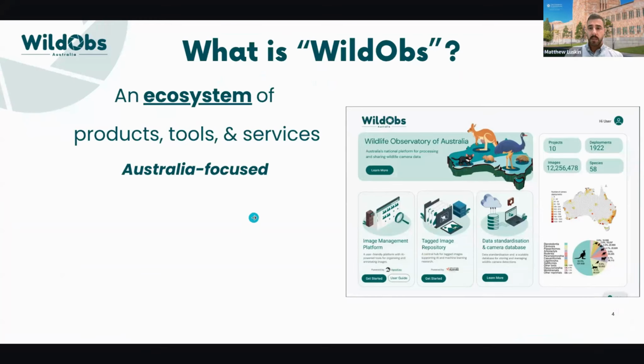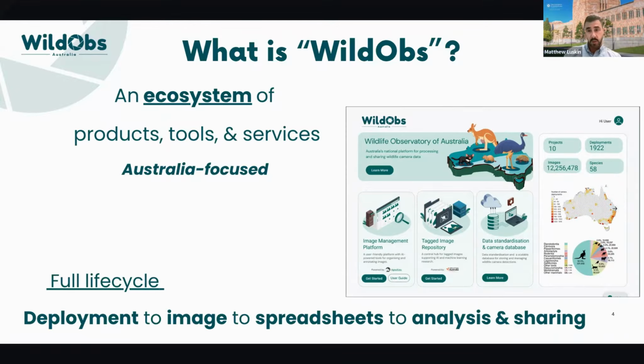So what is WildObs? We offer an ecosystem of products, tools, and services all completely Australia focused with all data sovereignty being done here, so everything is stored on our soil on the national government platform. That research platform is called the Nectar Research Cloud, and we use cloud compute.